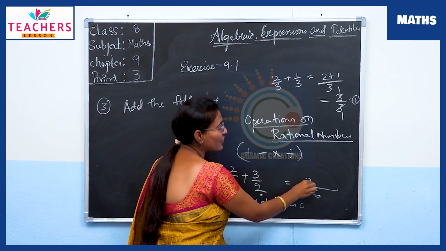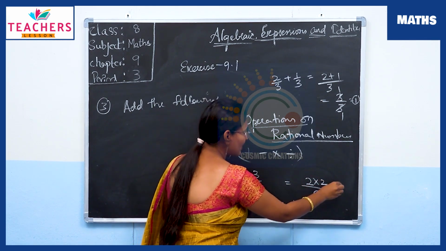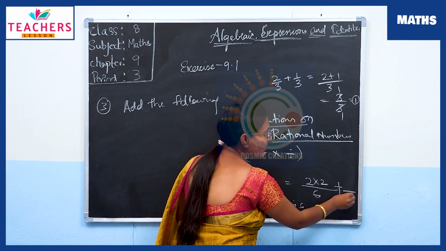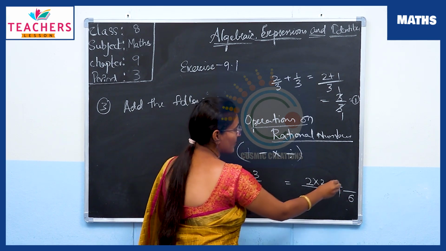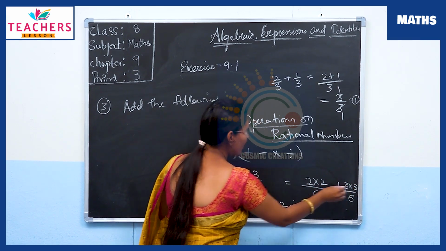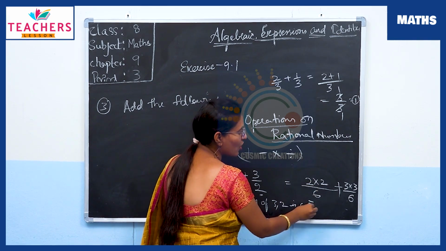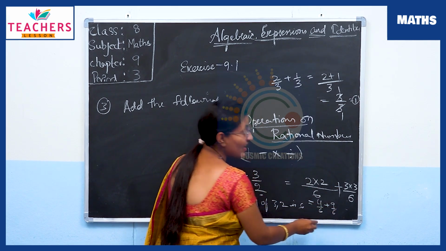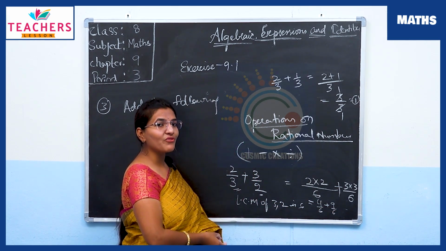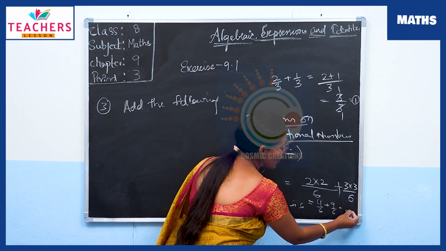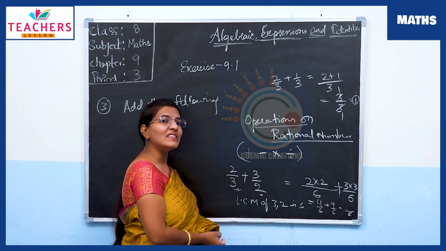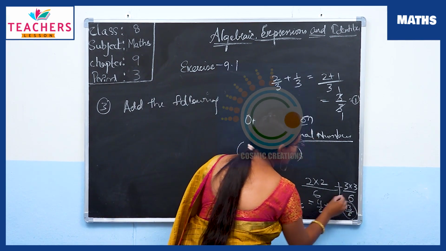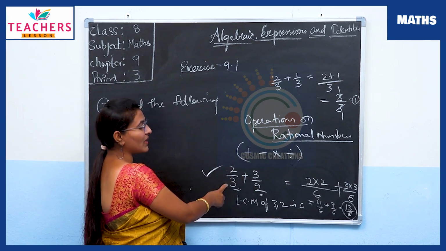In the numerator we have 2, so 2 into 2, plus next. 2 is how many times of 6? 3. The denominator is as it is, 2 into 3, so 3 into the numerator 3. Now 2 into 2 is 4 by 6 plus 3 threes are 9 by 6. Now we got the same denominator, so we write the same denominator and directly add the numerators. What is 9 plus 4? Yes, 13 by 6. So 13 by 6 is the answer for 2 by 3 plus 3 by 2.